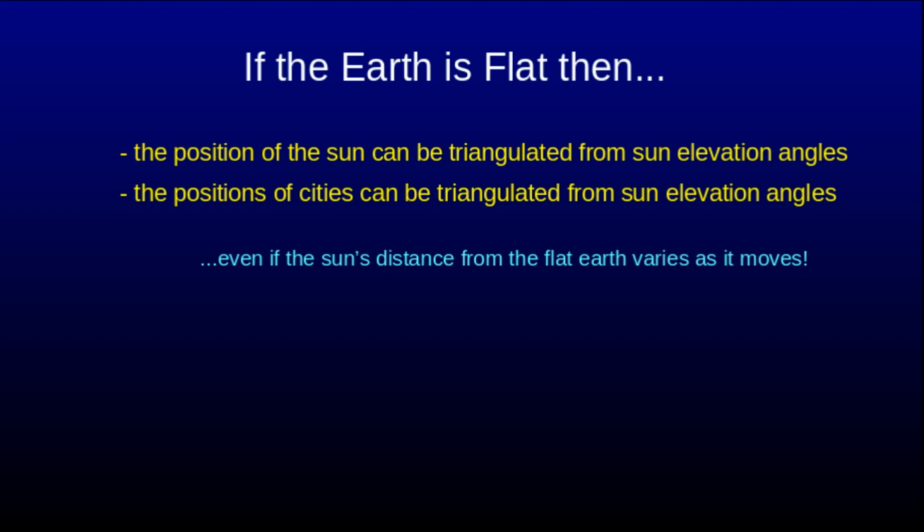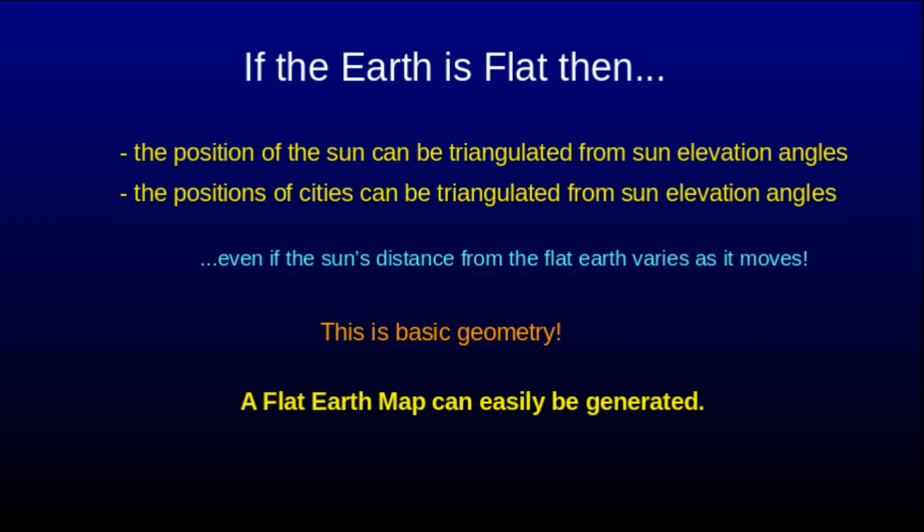In other words, the altitude of the Sun above sea level need not remain constant for this method to work. This is basic geometry. And so a flat Earth map can easily be generated by simply looking at sun elevation angles. The question then is, why hasn't a map been generated?